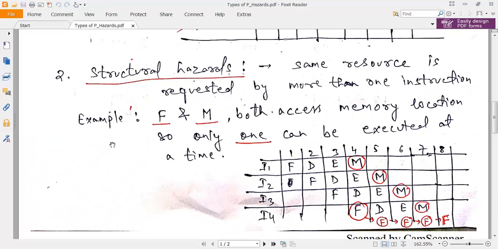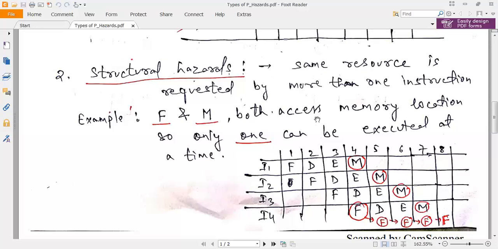See, F and M, that is fetching and memory write back. For the fetching, memory is accessed, the memory location where the instruction is stored. And for memory write back, again, I am storing something in the memory. That means fetching and memory write back are accessing the same memory, not the same memory location, but the same memory.